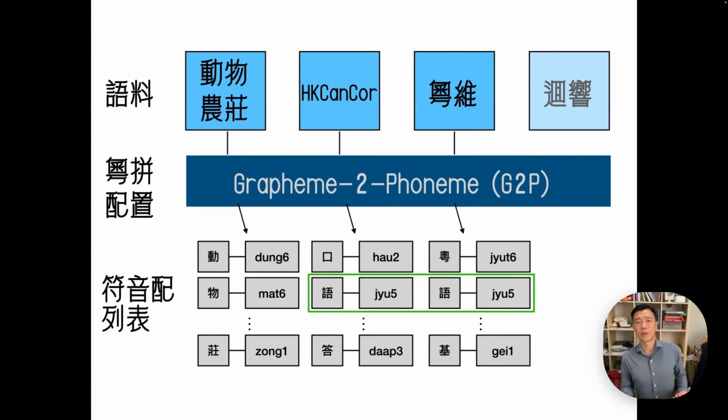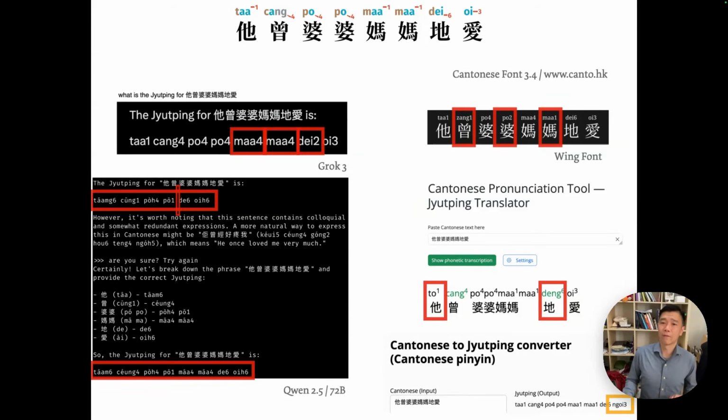The difficulty here is saying, how do we do this G2P thing? G2P was not simple. For computers, if we look at, say, Wing font, it would read as 他曾婆婆媽媽地愛. Or if you look up a Yut Peng translator, 多曾婆婆媽媽頂愛.